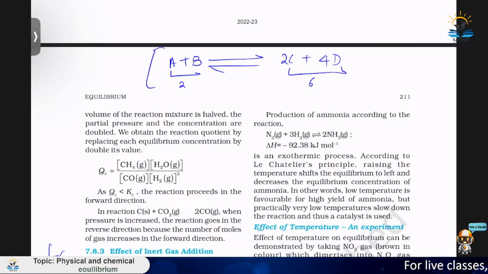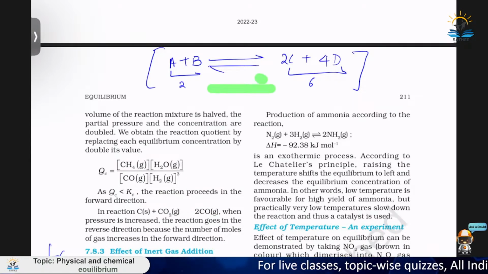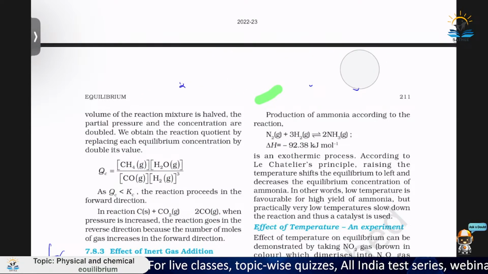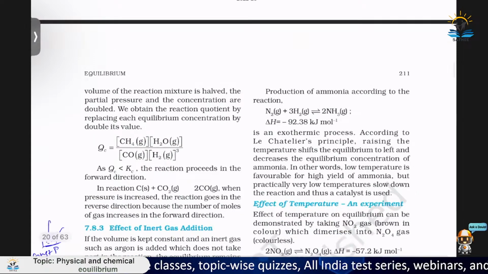If to this reaction mixture you are adding inert gas at constant pressure, the concentration of all the substances is decreasing. That means the reaction will move in the forward direction to create more moles of product so that concentration might increase. And it is reverse for the reverse reaction.